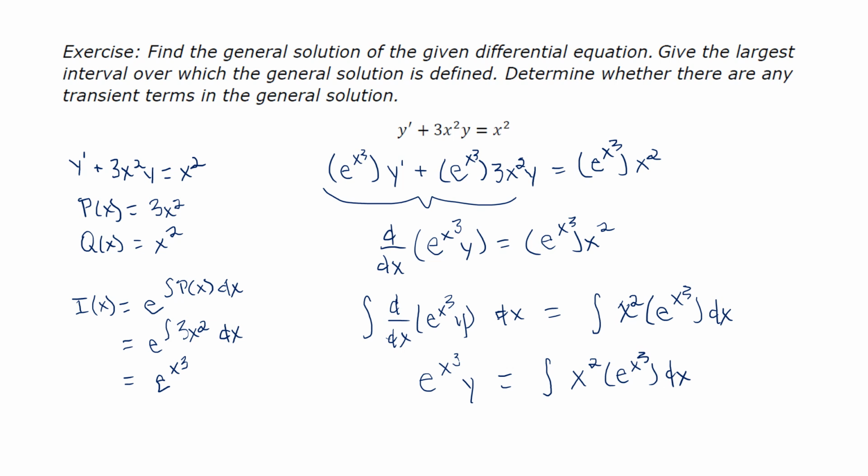So to simplify the right-hand side, we're going to have to use u substitution. So let's let u equal x cubed, which means du equals 3x squared dx. So to substitute for dx, we will have to divide both sides by 3x squared. Okay.